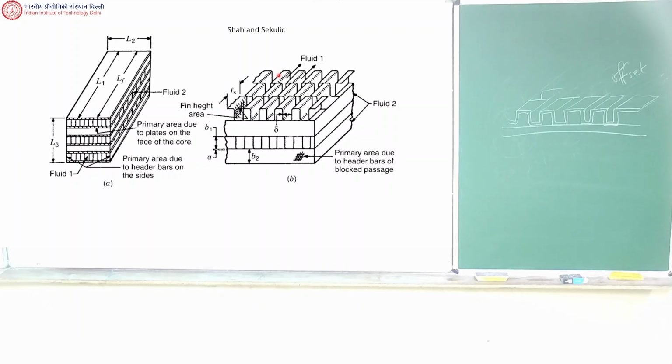Right. So if you follow this arrow, this surface is a fin height area and the fluid actually is in touch with that surface, isn't it? So that's why it's shaded like this. Okay.